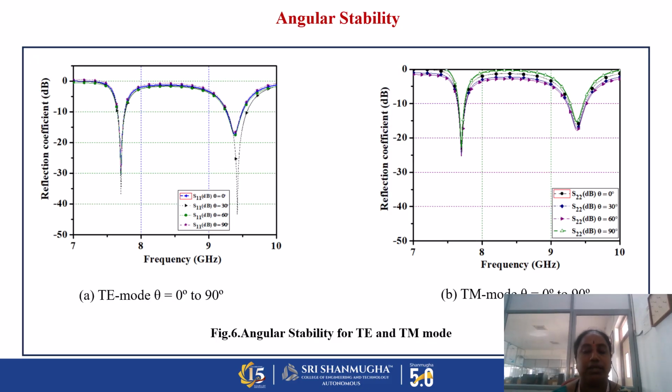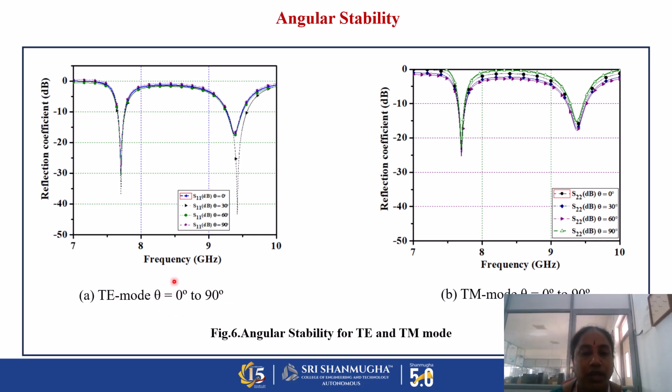And angular stability. In this work, we maintained maximum angular stability up to 90 degree. By adjusting the theta value from 0 to 90 degree, the same center frequency and the same fractional bandwidth are maintained in the elliptical shape FSS. Here I calculated the angular stability for both TE and TM mode.